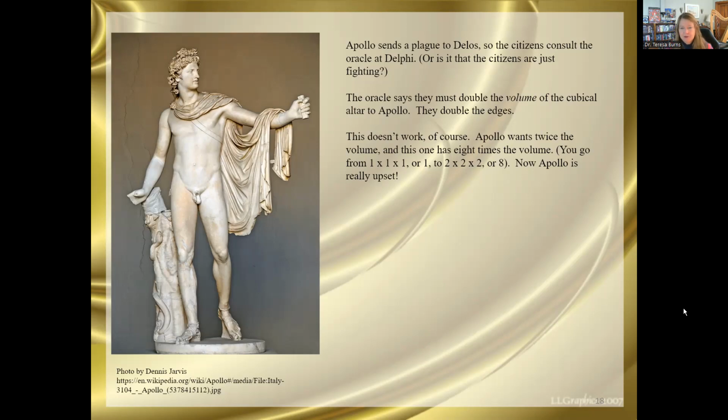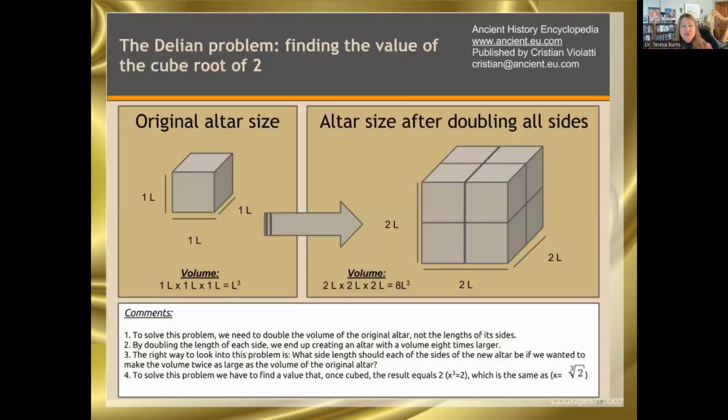It's a lot more. Now, for some reason, this upsets Apollo. I guess Apollo doesn't want more volume. Actually, Plato will tell us why Apollo was upset, but we're not there yet. You can find online lots of places, people talking about this, and particularly why the citizens mess up and, instead of doubling the cube's volume, they make it 8 times larger.